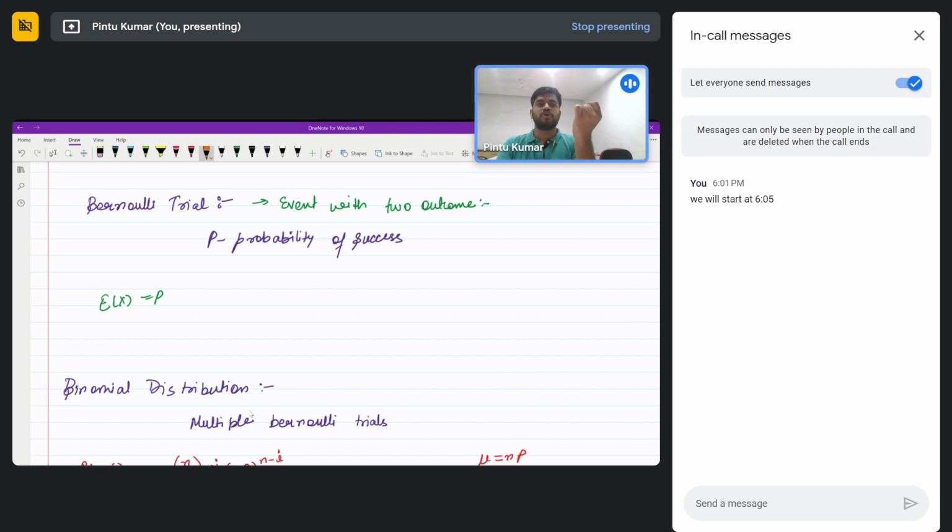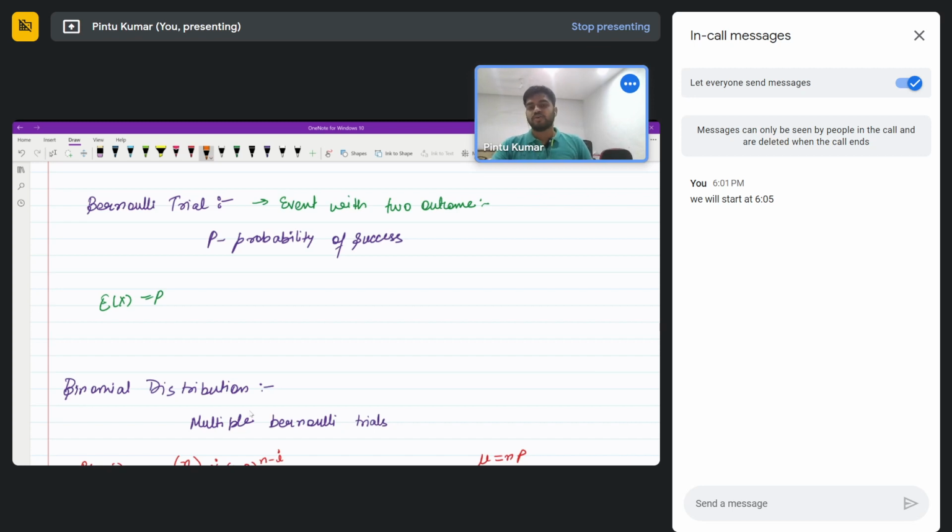Or if you talk about the event of raining on a particular day, either it can rain or it cannot rain. Another example is a game, where you can either win or lose, if we ignore the possibility of drawing the game.